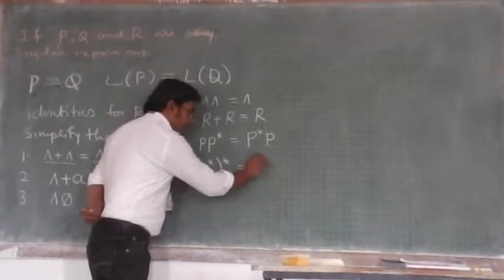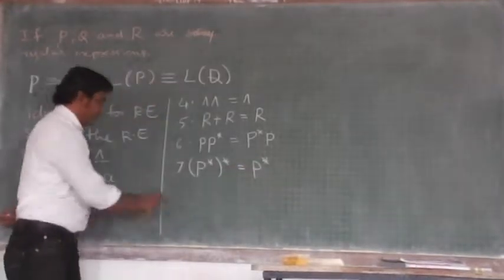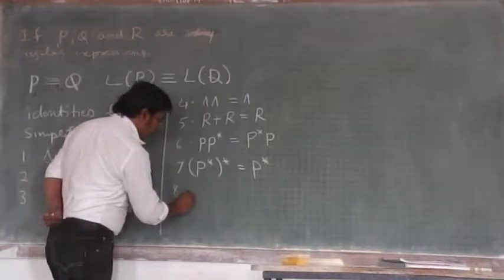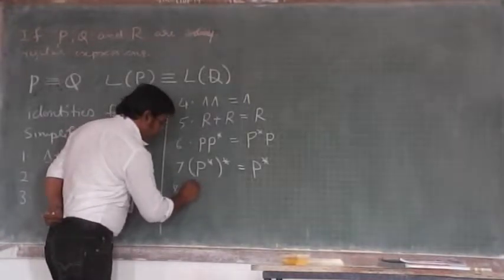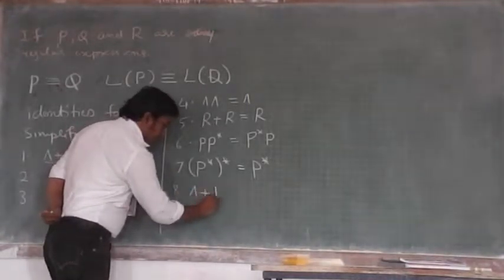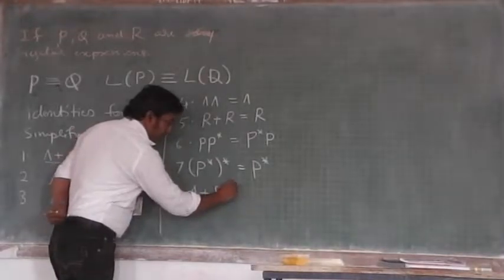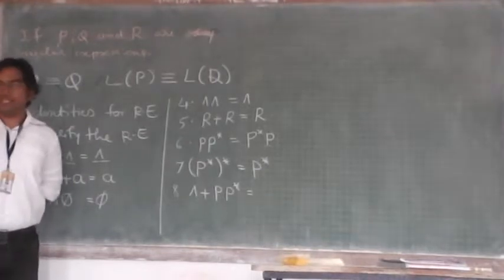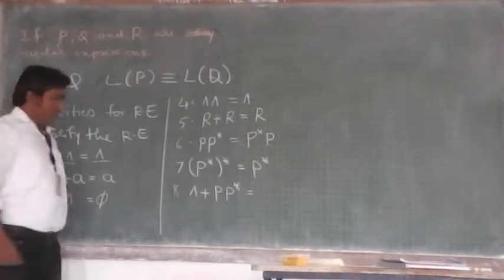This is equivalent to P star. So further, null plus P star. Null plus P star is equal to P star.